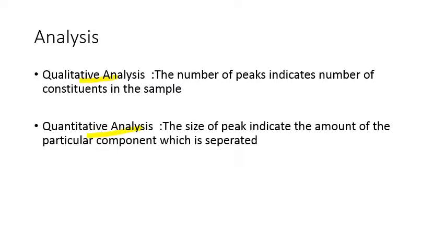Qualitative analysis, I have explained before: the number of peaks indicates the number of constituents in the sample, and all have different retention times, RT, so depending on the retention time we can identify our constituents.